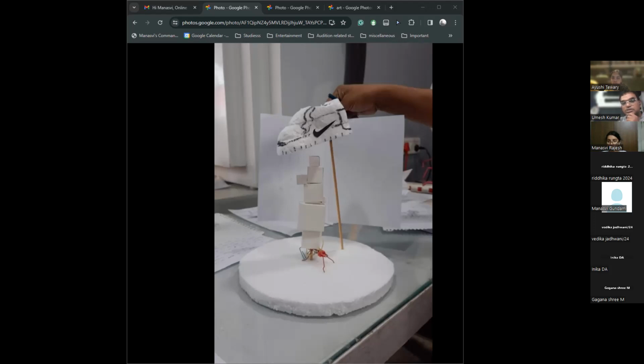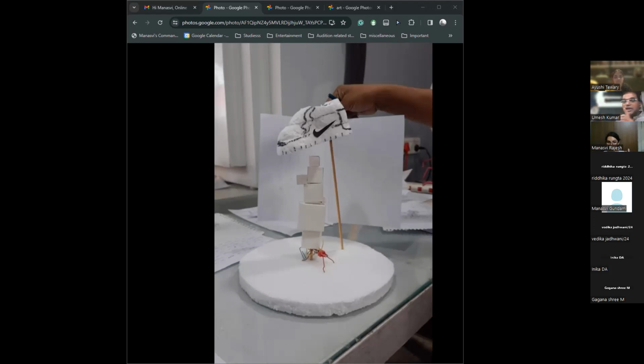The shoe is not standing on its own. You have to hold it. Yes, sir, we had to prop it up with a skewer. Are you holding the background white sheet? No, a friend of ours was holding it so that we could take a picture of it.